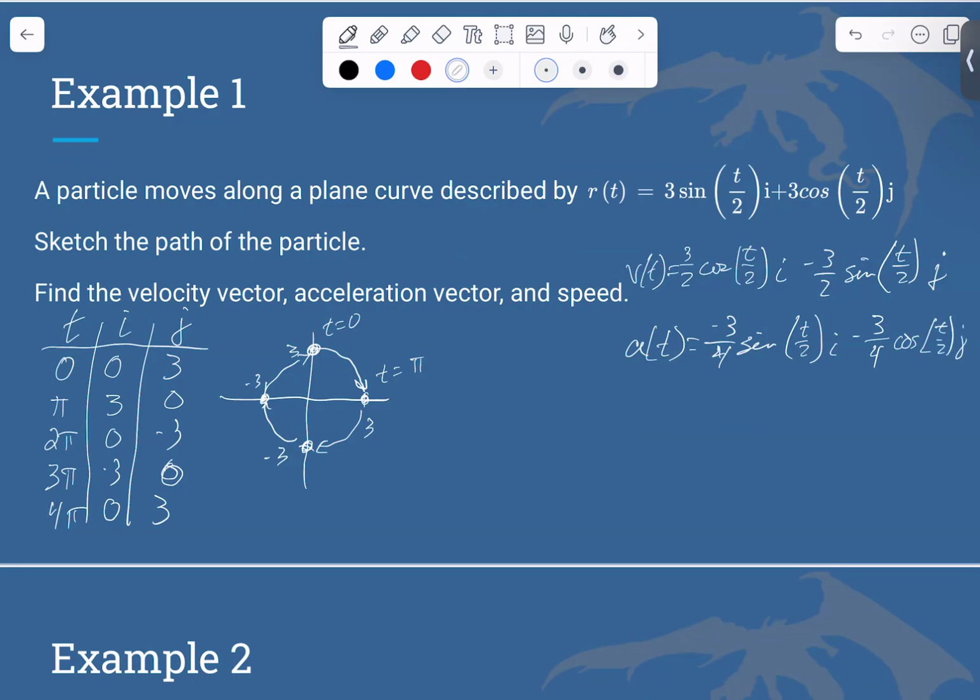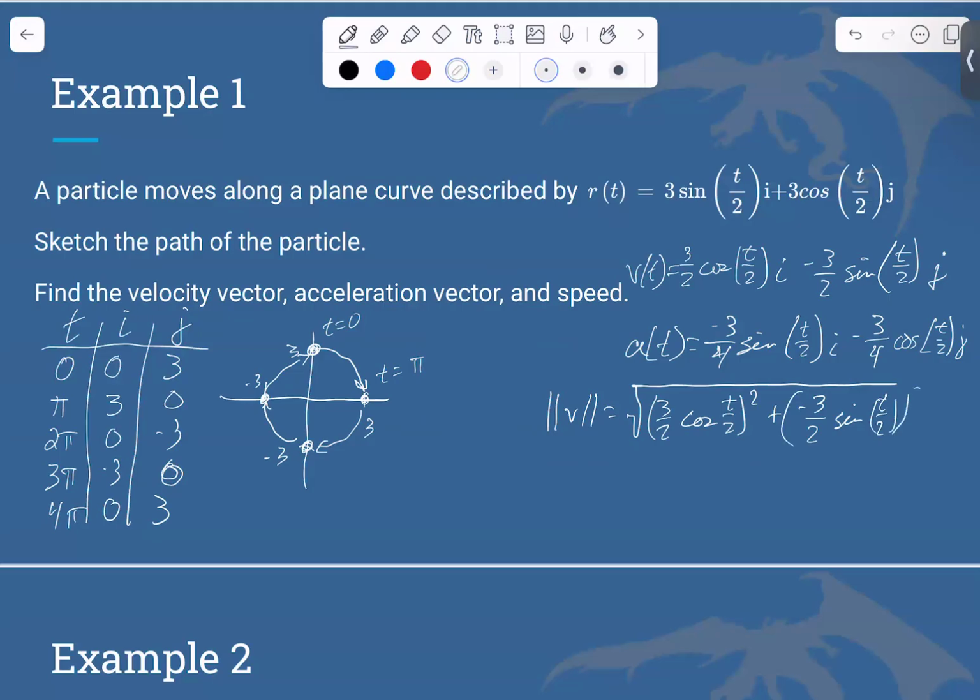All right, now the final thing on this one is our speed. It's the magnitude of velocity, which is going to be equal to the square root of 3 halves cosine of t over 2, that whole thing squared, plus negative 3 halves sine t divided by 2.